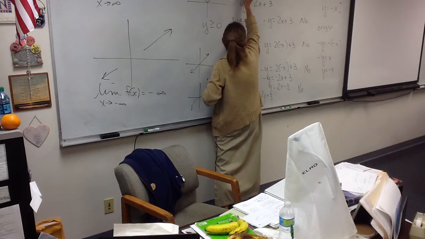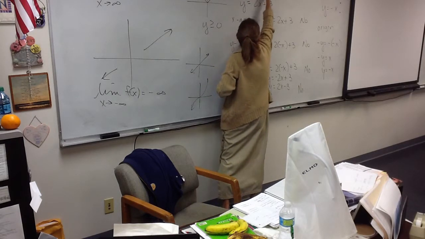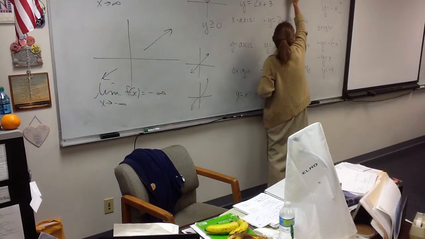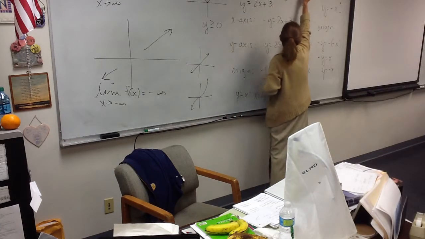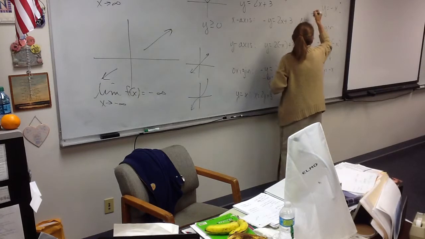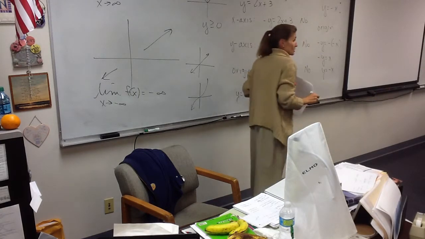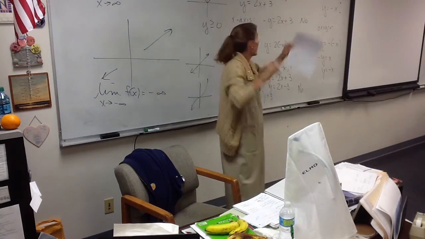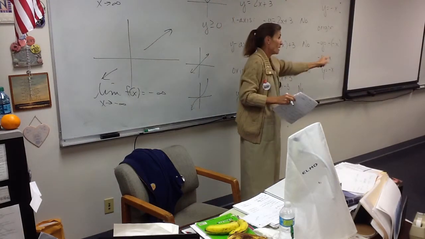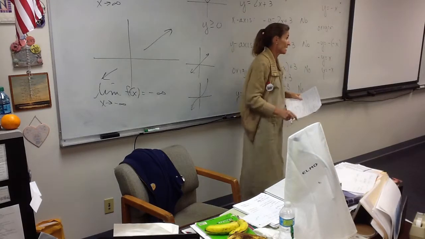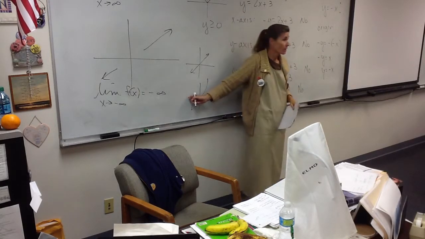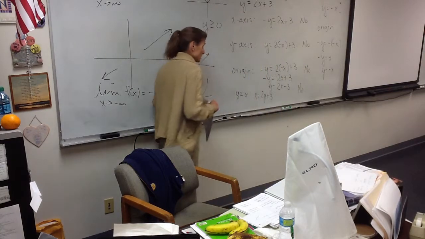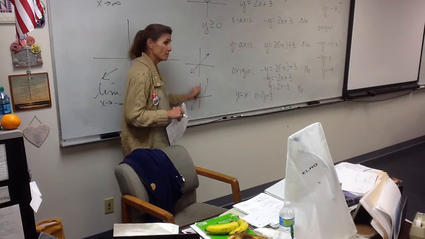The limit as x goes to the right is positive, and the limit as x goes to the left is positive. So any curve with that kind of shape would have this end behavior. Positive on this side, positive on this side. This one is positive on the right, negative on the left. So two of them, there may be others, these are the first two I think of.